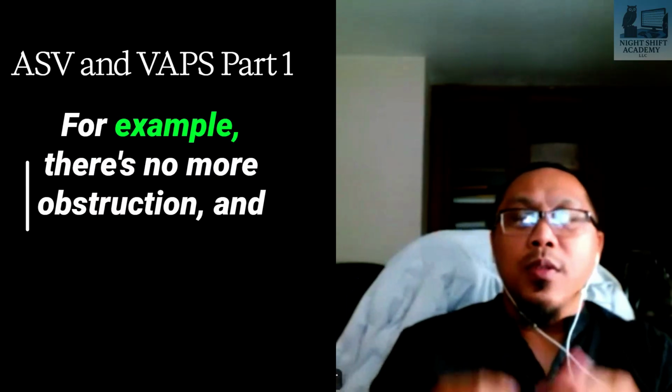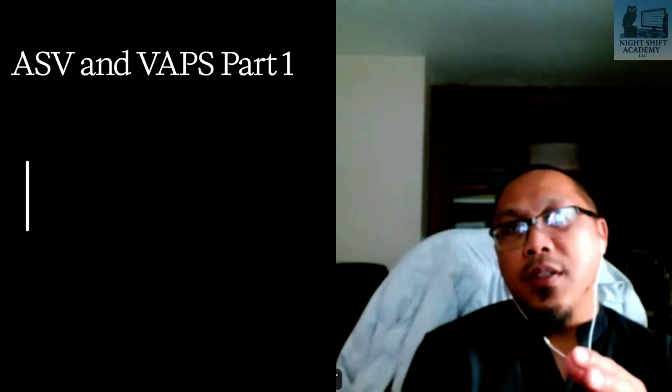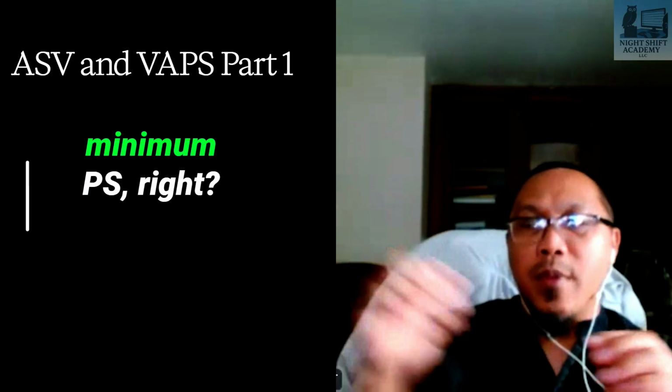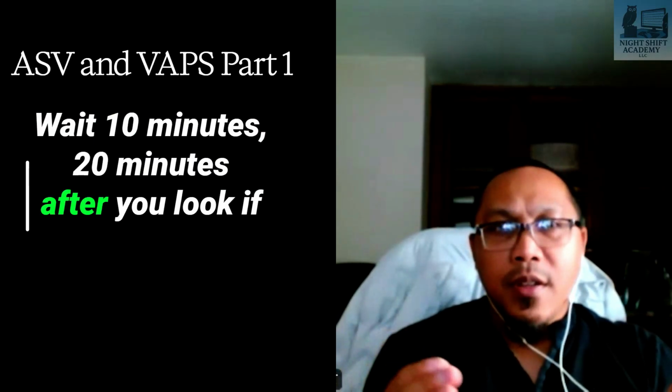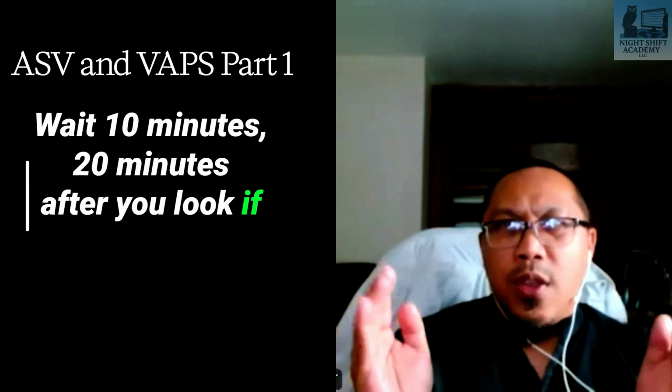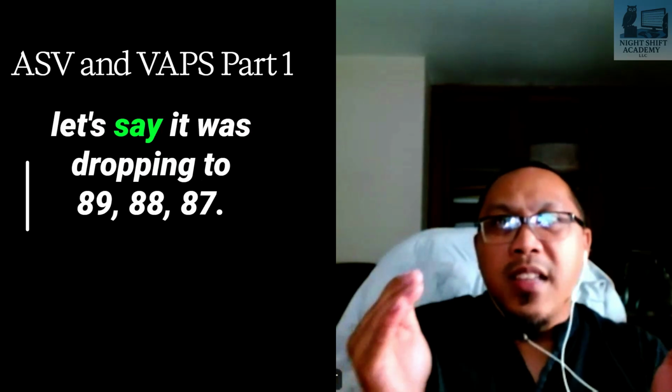For example, there's no more obstruction, and now you see desaturations. So now you increase your minimum pressure support, right? Wait 10 minutes, 20 minutes, then you look. If your saturation is slowly improving, let's say it was dropping to 89, 88, 87.